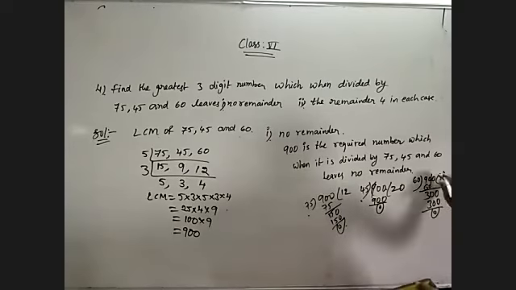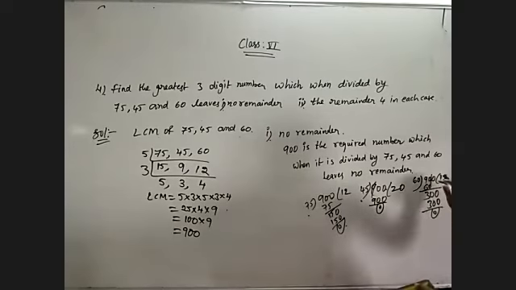Remainder is 0. 60 into 15. So whenever we divide 900 by 75, 45 and 60, there is no remainder. So 900 is the greatest 3-digit number which leaves no remainder when divided by 75, 45 and 60. Now coming to the next case.